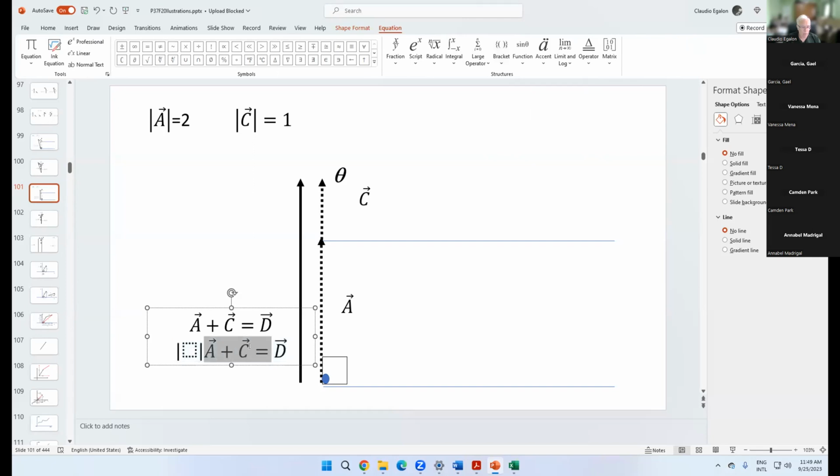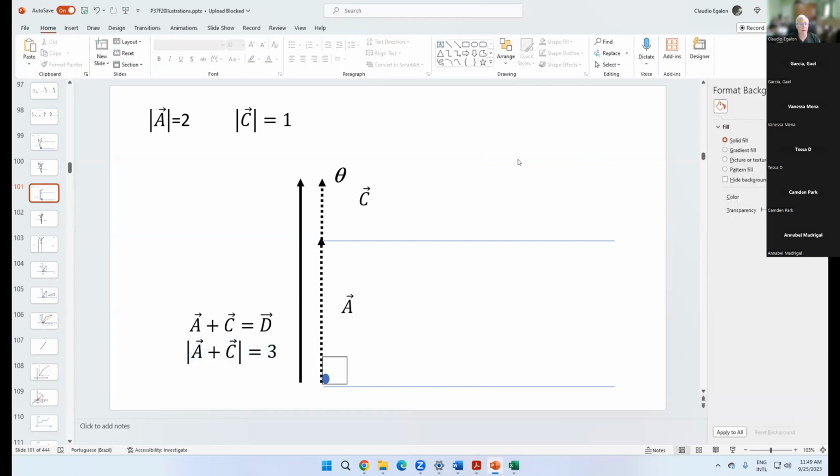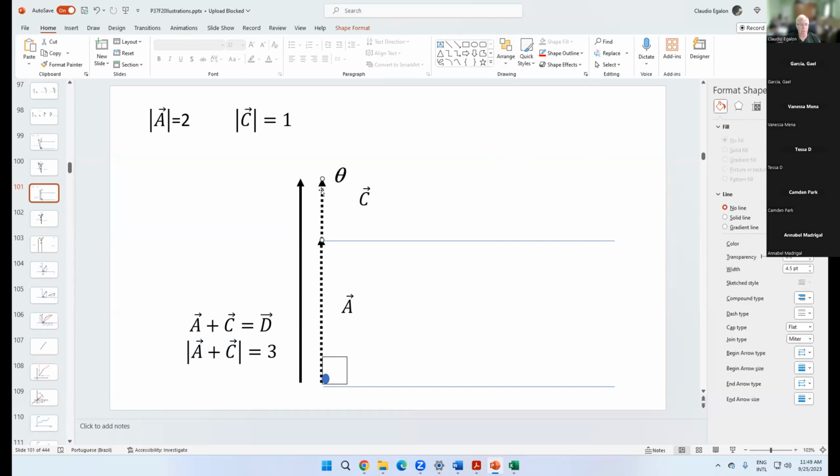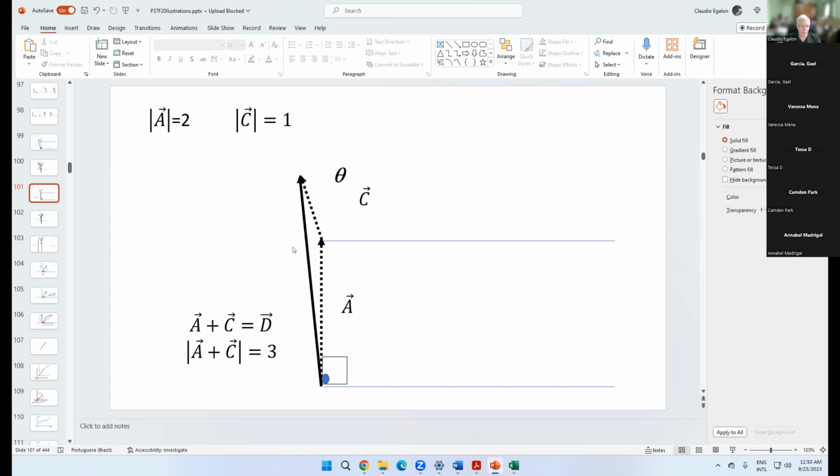So if we were to make a triangle of this, I'm going to exaggerate a little bit here. Don't forget, they're collinear, but I'm exaggerating so we can use the cosine law, right?